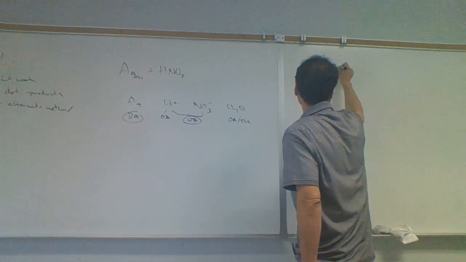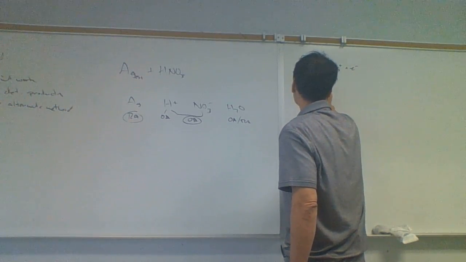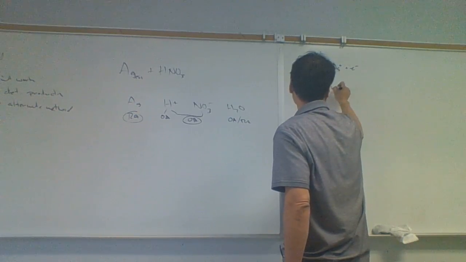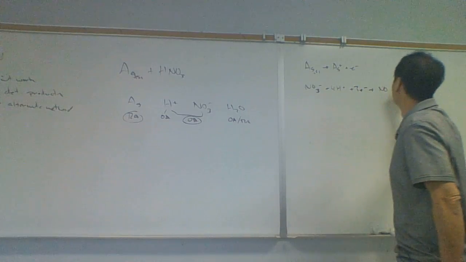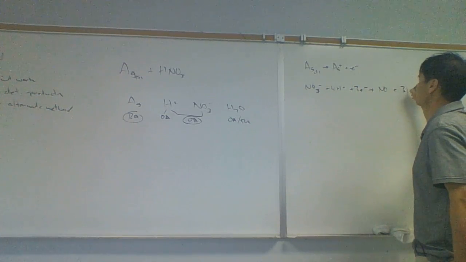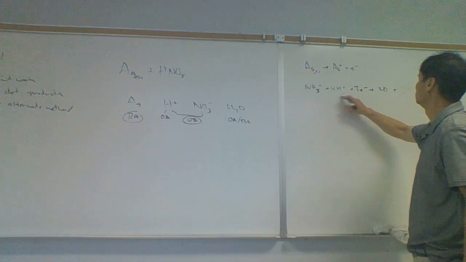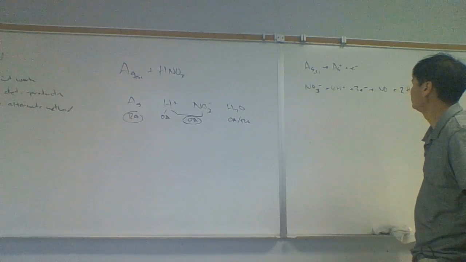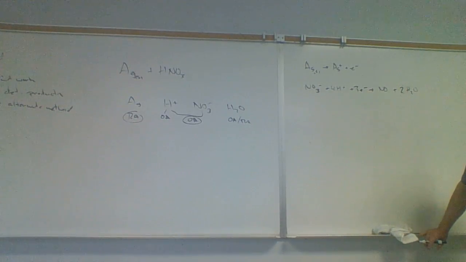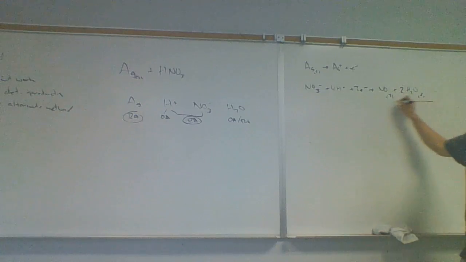So silver goes to silver ion plus an electron. And then nitrate, these are just copied off the chart. Nitrate plus 4H+ plus 3 electrons yields NO plus 2H2O. Yeah, we've got to balance out the electrons.